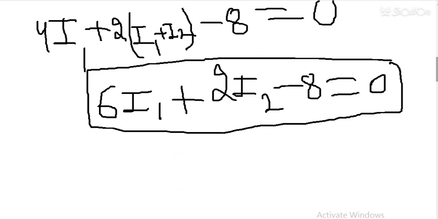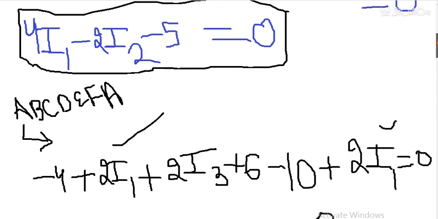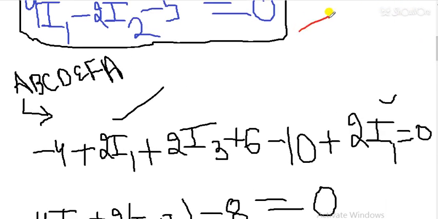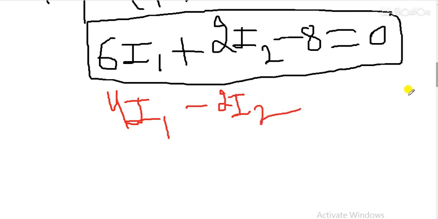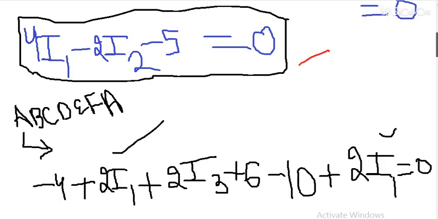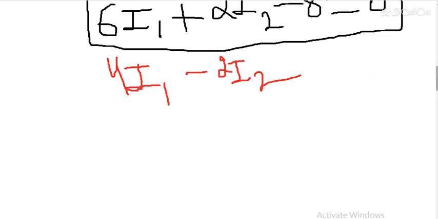First equation, this one, I am adding it to the second one. So 4I1 minus 2I2 minus 5 equal to 0.